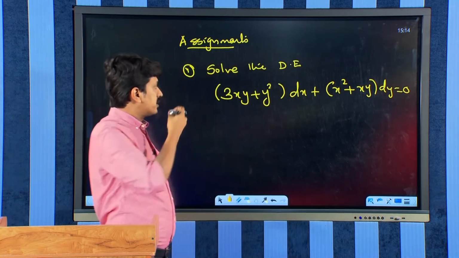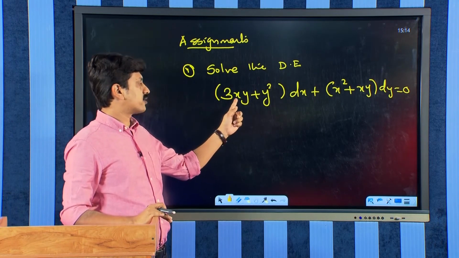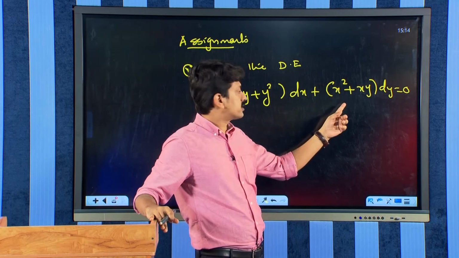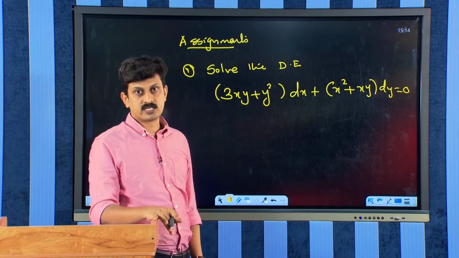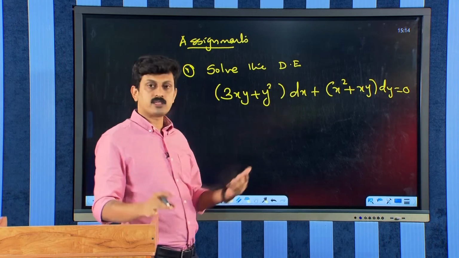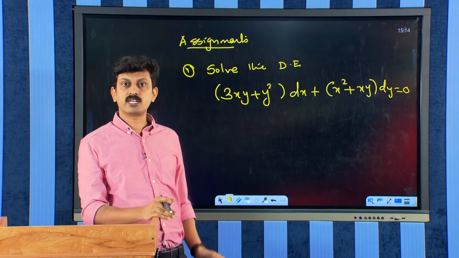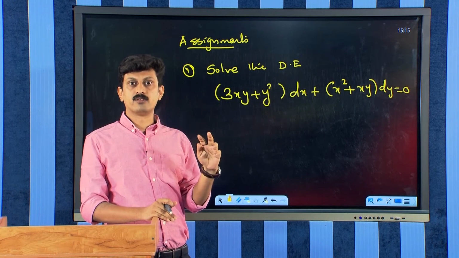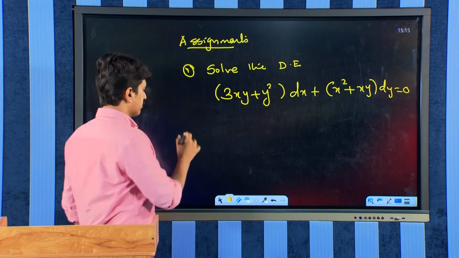See, while seeing this differential equation, (3xy plus y square) is M. While evaluating, My is equal to 3x plus 2y, but dou N by dou x is 2x plus y, and they are not equal. Therefore it is not exact; we have to find the integrating factor and then multiply it with this equation. After that we will get a new differential equation of the form M dx plus N dy equal to 0 or P dx plus Q dy equal to 0. Then you can solve it as we did before.